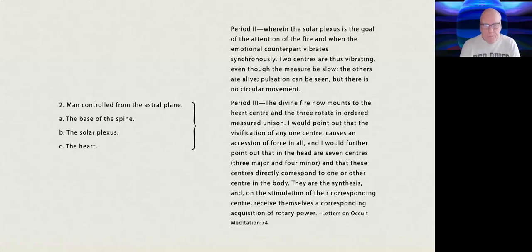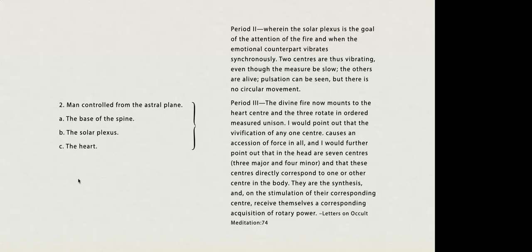Period 2, wherein the solar plexus is the goal of the attention of the fire, and when the emotional counterpart vibrates synchronously. Two centers are thus vibrating, even though the measure be slow. The others are alive. Pulsation can be seen, but there is no circular movement. Period 3, the divine fire now mounts to the heart center, and the three rotate in ordered, measured unison.